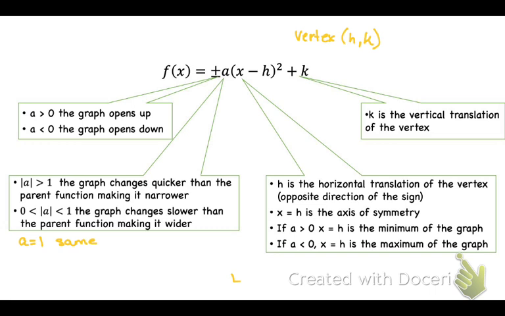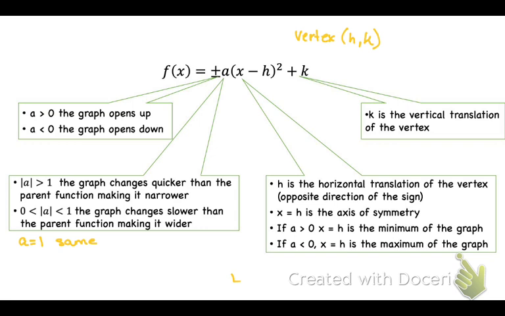Okay. H is the horizontal translation of the vertex, opposite direction of the sign. If it's negative, it goes right. If it's positive, it goes left. X equals H is the axis of symmetry. You will need to know that because you will have to identify this. If A is greater than 0, that means it opens up, then the vertex is a minimum.